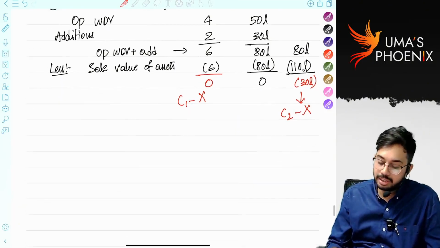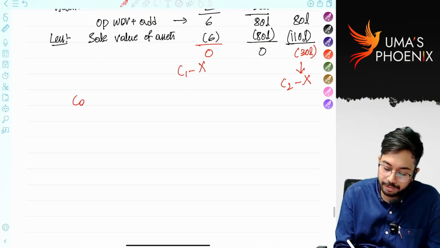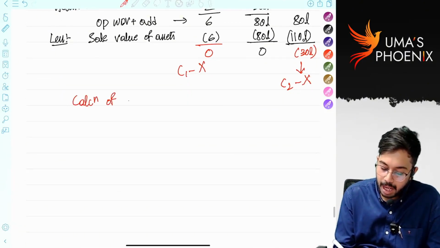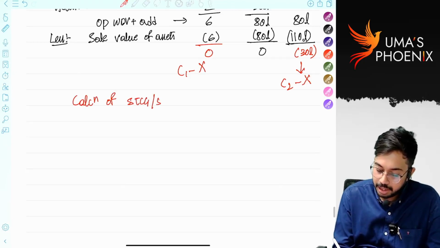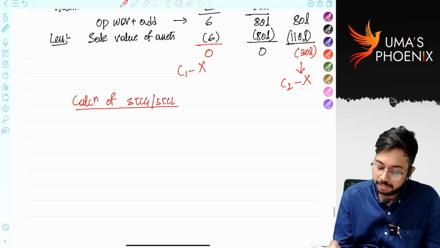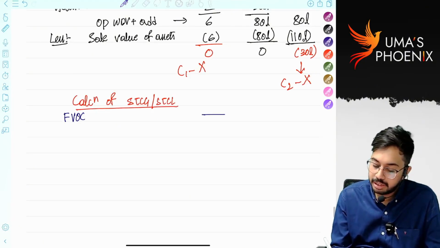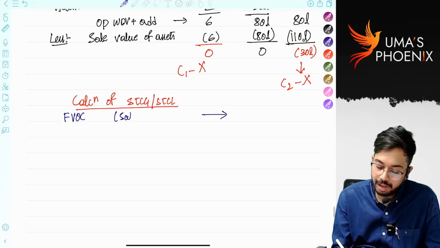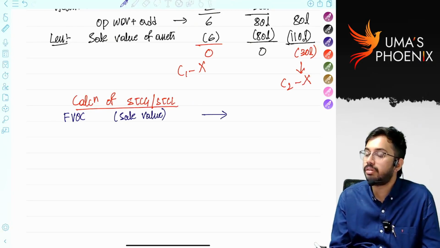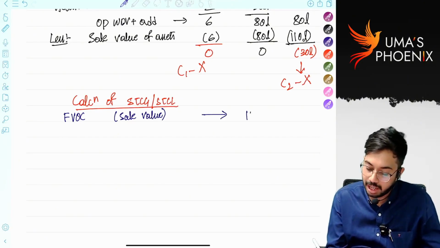Is it clear? Shall we calculate short-term capital gain or short-term capital loss? Okay. How much is full value of consideration? Sale value is to be taken as full value of consideration, correct? How much is sale value? Sale value is 110 lakhs.